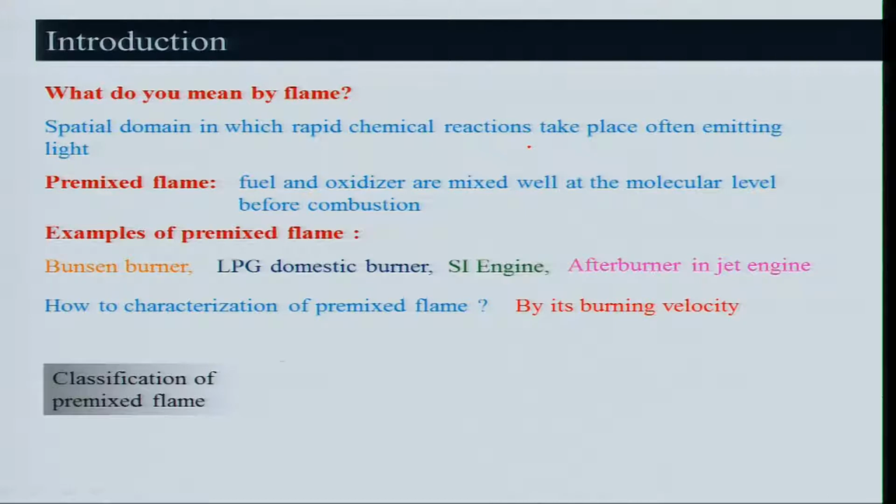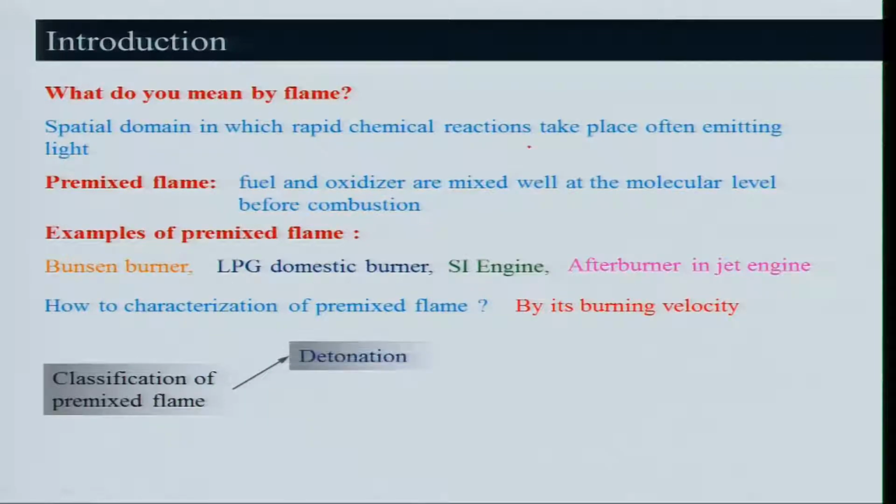And the classification of premix flame can be broadly into two categories based on the speed of the burning velocity. It can be more than the speed of sound, or it can be less than the speed of sound.